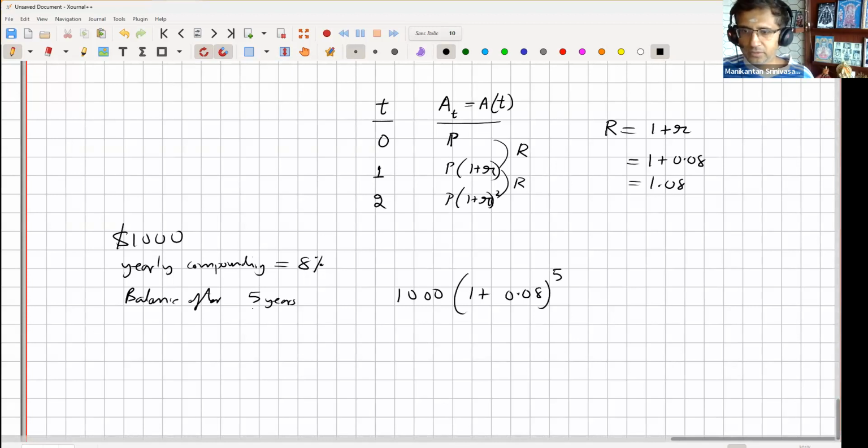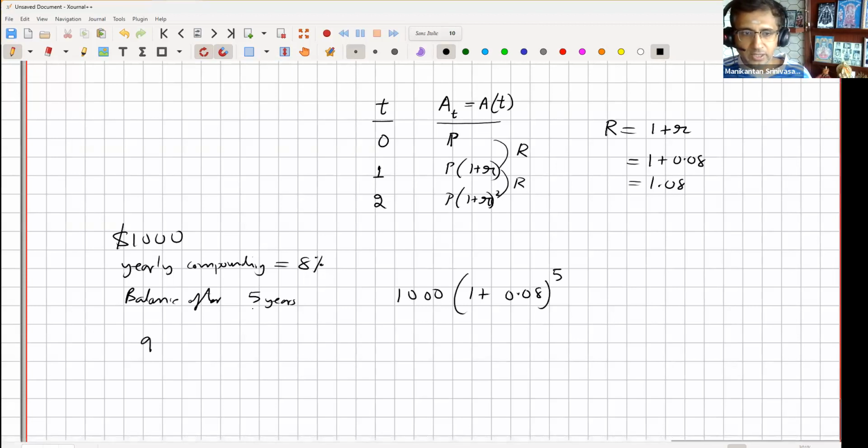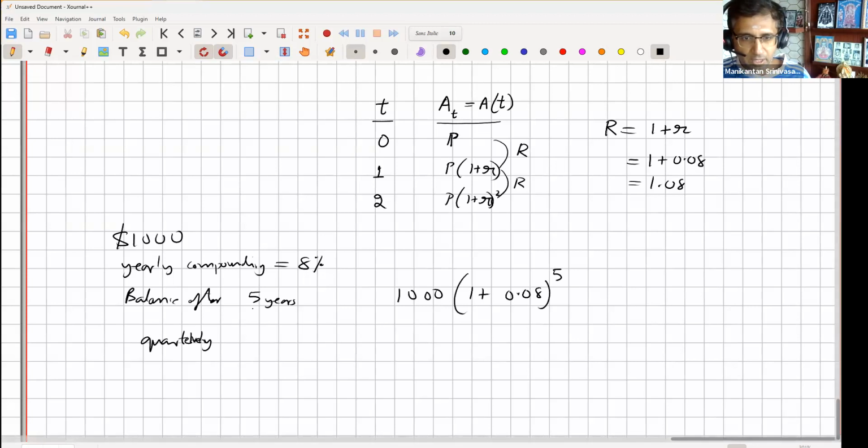Okay, right? Now, what is interesting is that the compounding is not always yearly. You could have, for example, a quarterly compounding. Ignore my spelling, I'm just going to scribble here. So when you say quarterly compounding, but what is the rate of interest? Let's say it's 8%.